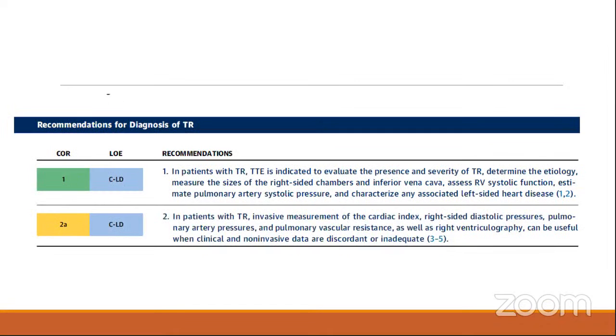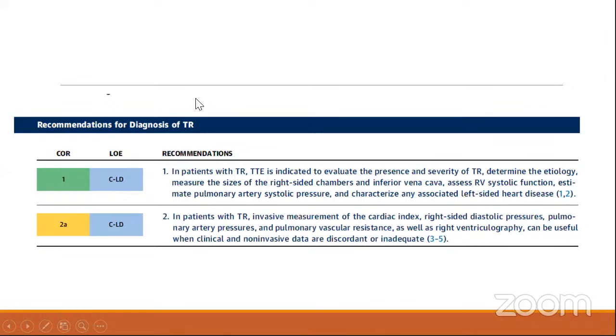So the guidelines put the recommendations for the diagnosis of tricuspid regurg. They said in patients with tricuspid regurg, transthoracic echo is indicated to evaluate the presence and severity of the tricuspid regurg, to also determine the etiology, measure the sizes of the right-sided chambers and the inferior vena cava, and assess the RV systolic function. It's also used to estimate the pulmonary artery systolic pressure and characterize any associated left-sided heart disease.